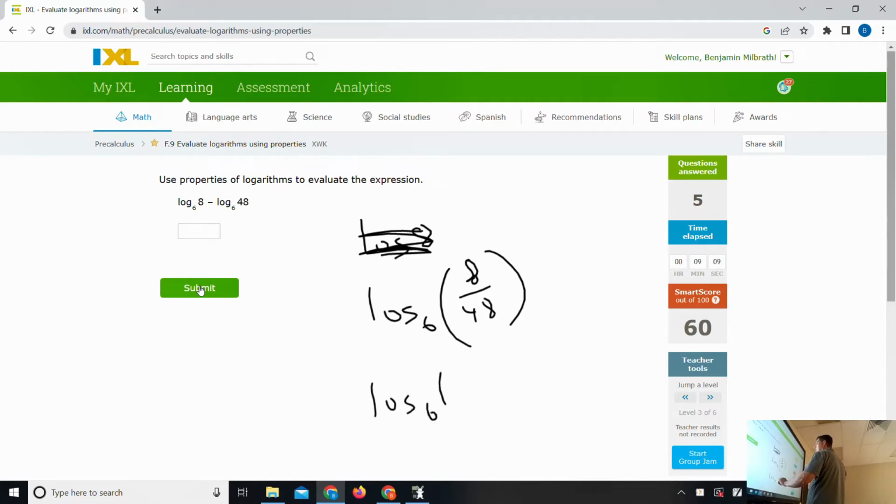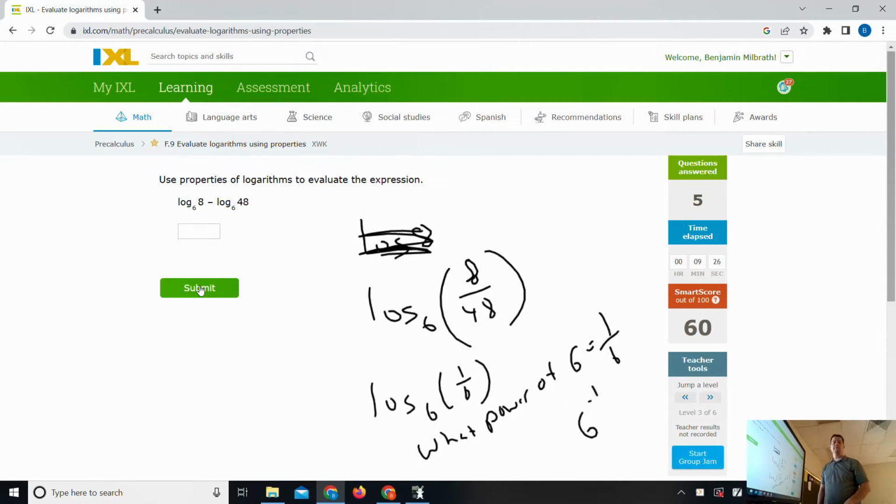Log base 6 of 1/6. And again, what this is asking is, what power of 6 is equal to 1/6? And here's another one of those obviouslys. It's 6 to the -1st. So the answer has to be -1.